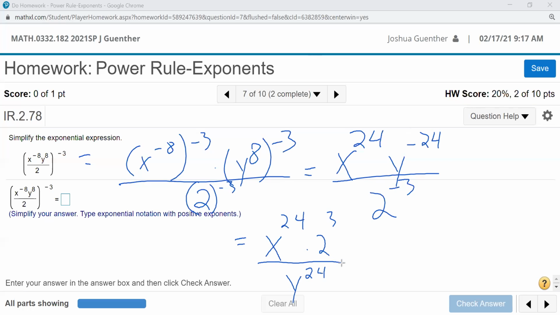Now the only thing left to do, we can actually do 2 to the third power. We'll do it off to the side here. 2 to the third. That's 2 times 2 times 2, which you should quickly recognize as 8.